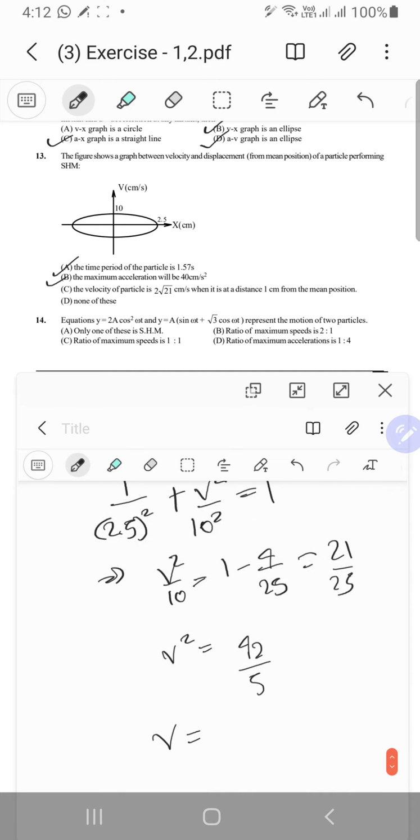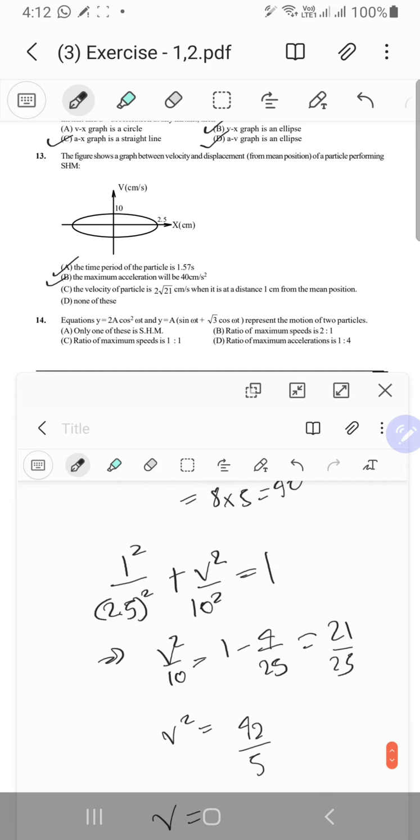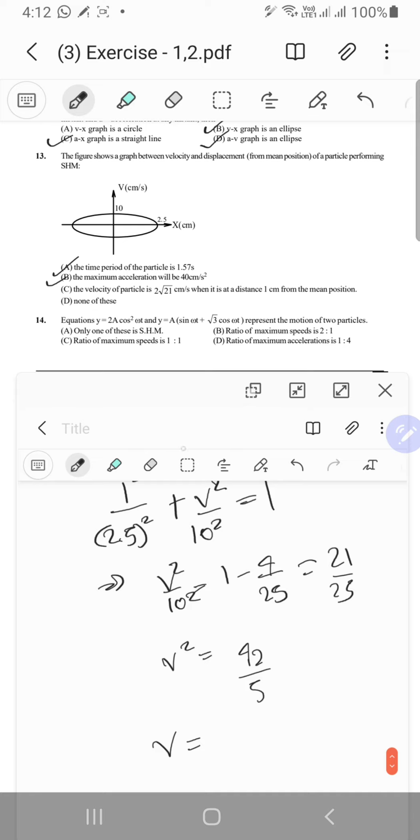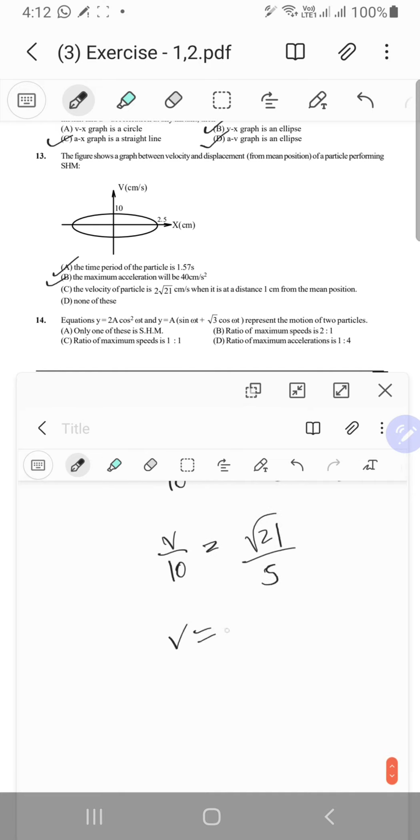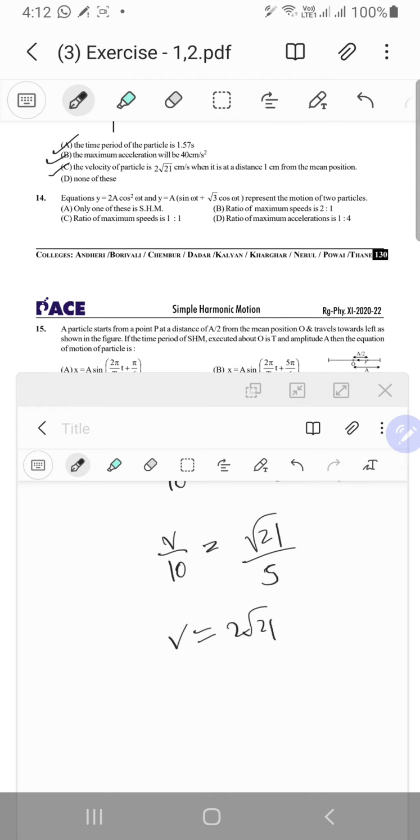Okay, 1 centimeter. Something is wrong. 5 by 2. Oh yeah, something is wrong. Sorry. So more like v by 10 equals square root of 21 upon 5. So v is 2 square root of 21. Yes, that's correct. None of these, well, it's all of these actually.